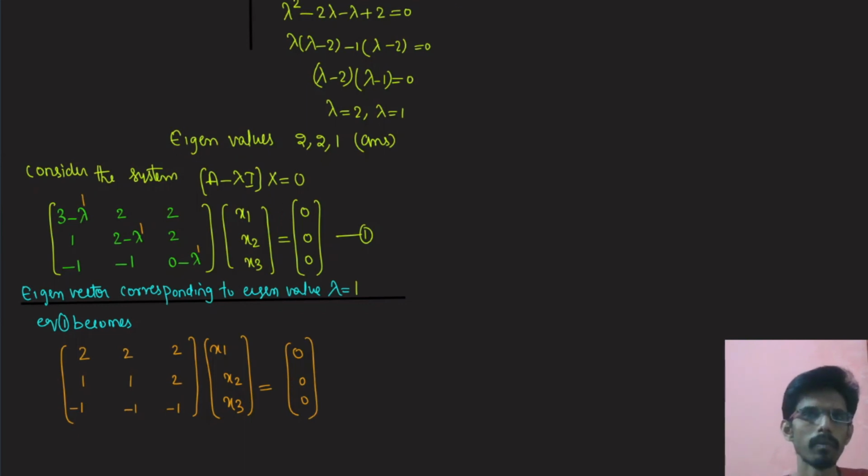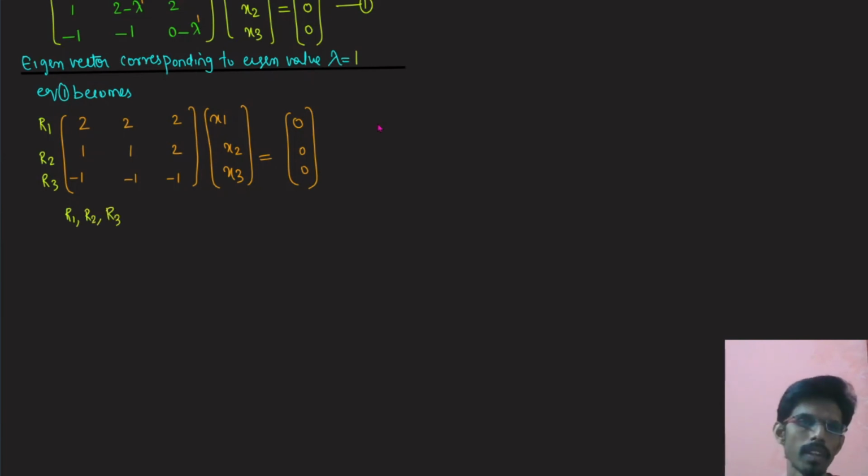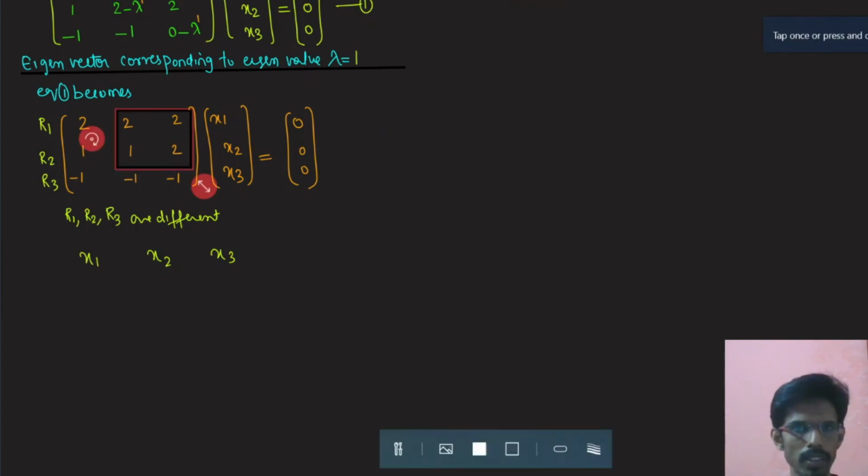Now this system of equations consists of 3 rows r1, r2, r3. All rows r1, r2 and r3 are different. So I'll go for the crisscross method. So write down x1, x2, x3. Now select this matrix.